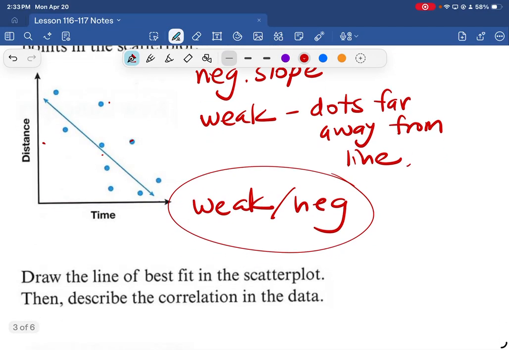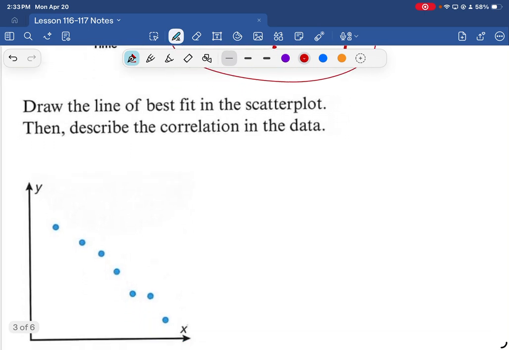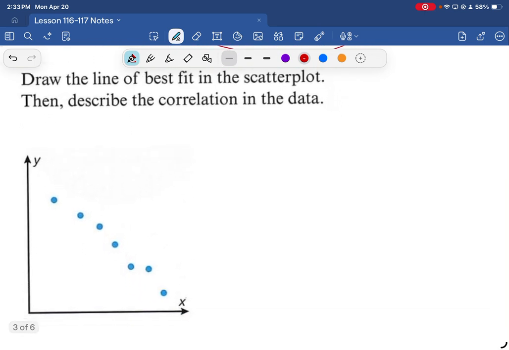So the next one is strong negative. First, let's draw the line of best fit. As best you can, stay with the same slope, but as close to the dots as you can. Mine's the curvy line. I just made a triangle.